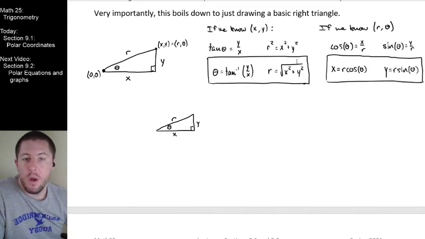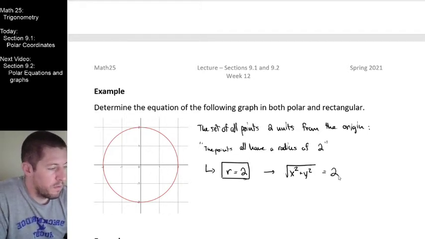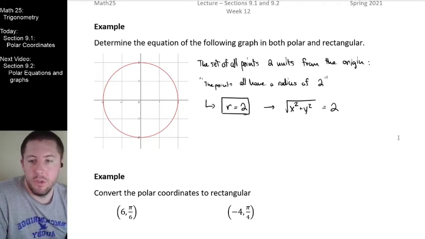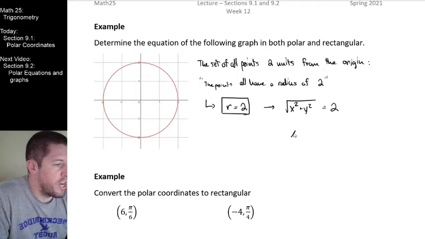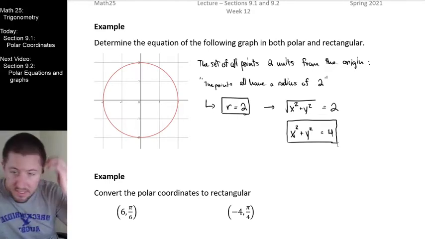Coming up above, we learned that r is the square root of x squared plus y squared. And I generally don't like writing my equations with square roots in them if I can avoid it, so we typically just square both sides. And this is our Cartesian description of the same circle.